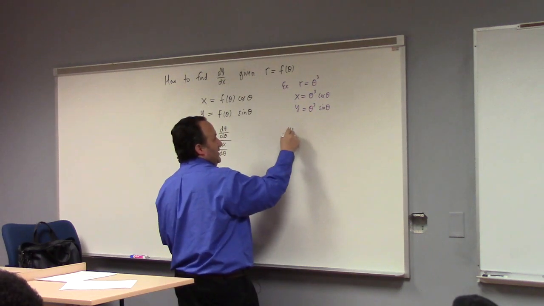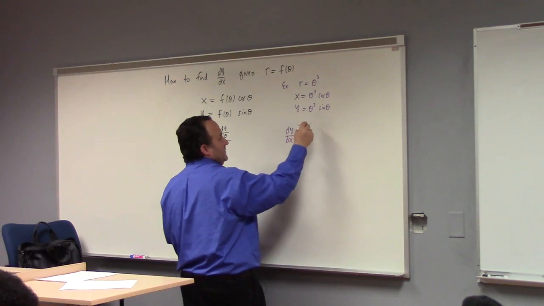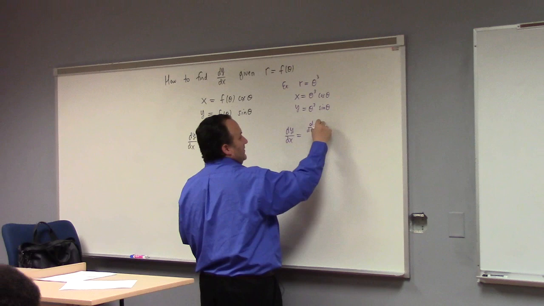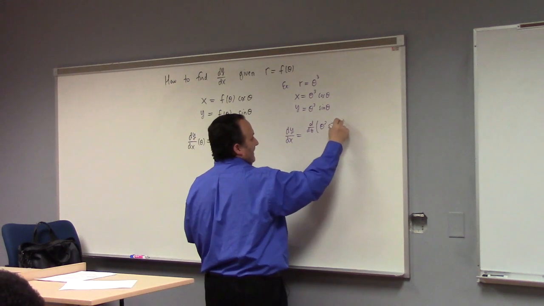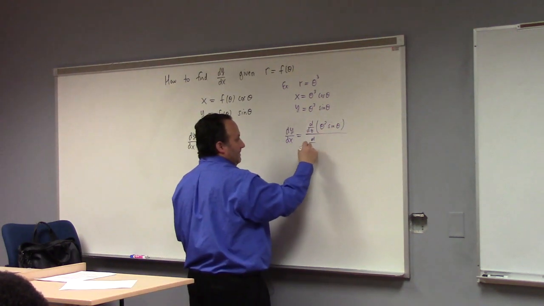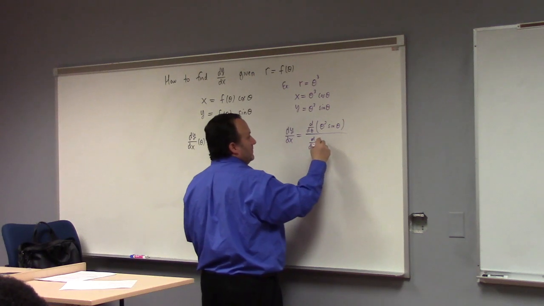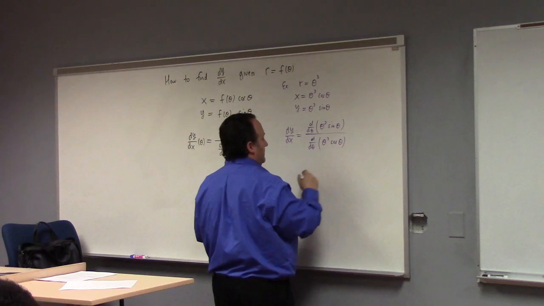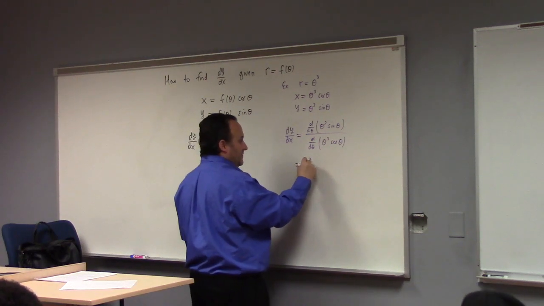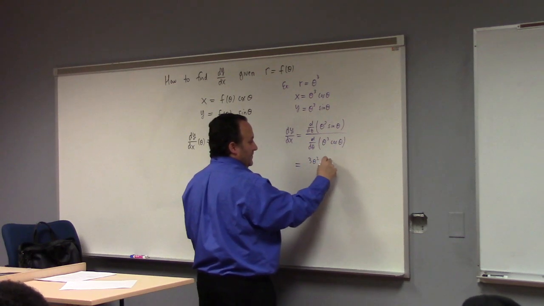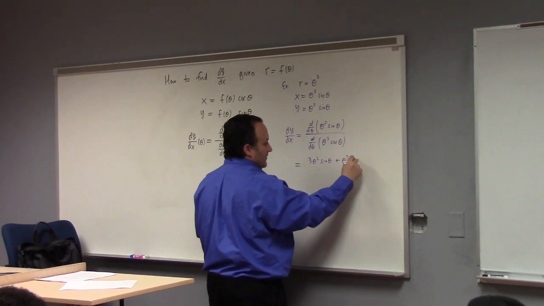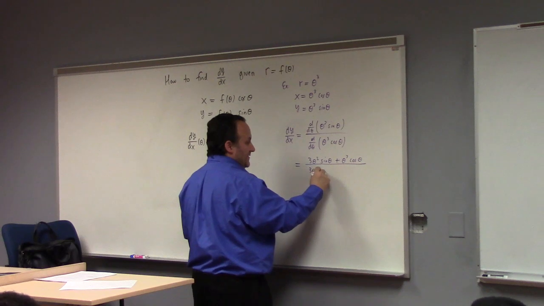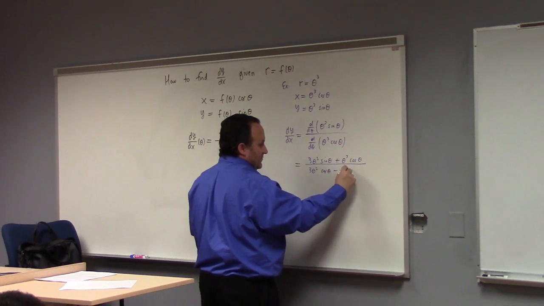So then dy/dx would be d/d theta of theta cubed sine theta divided by d/d theta of theta cubed cosine theta. And you know how that works out: 3 theta squared sine theta plus theta cubed cosine theta, divided by 3 theta squared cosine theta minus theta cubed sine theta.